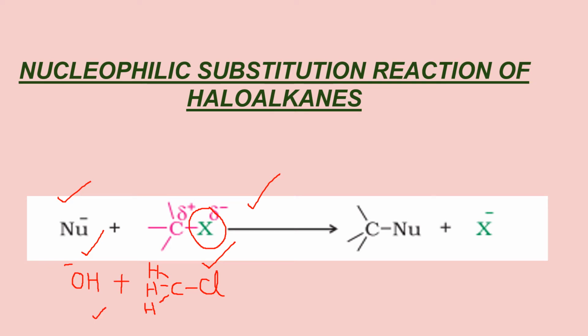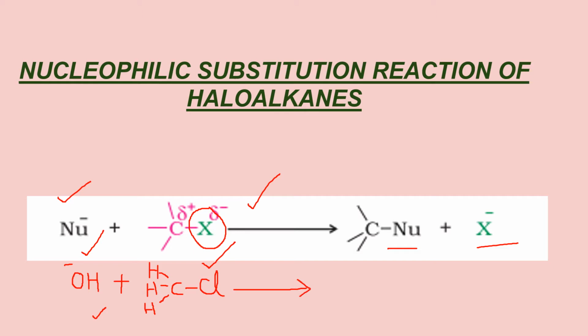So when they react under the required conditions for the reaction, then this Cl or the halide, Cl minus, X minus in general, would be replaced by the nucleophile and this halide would be set free.